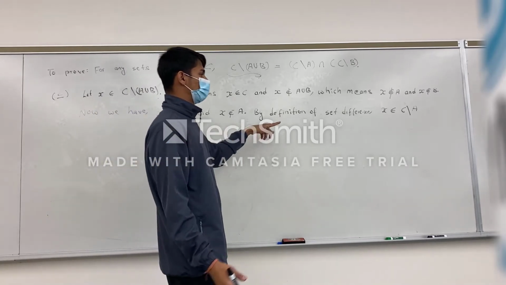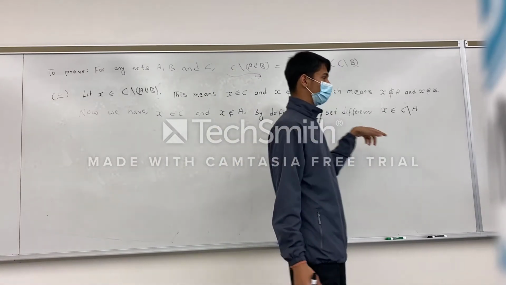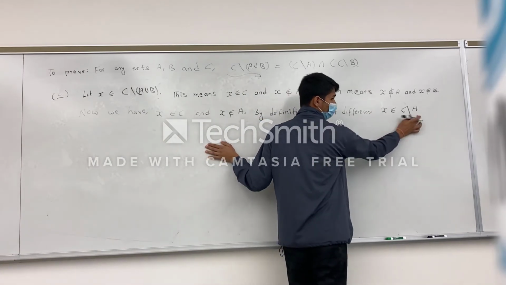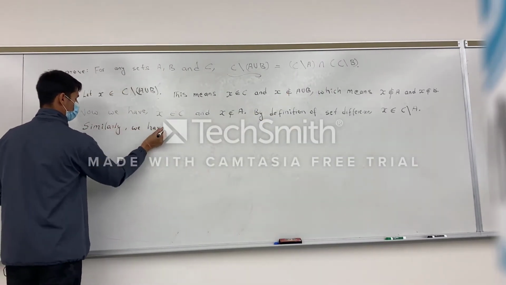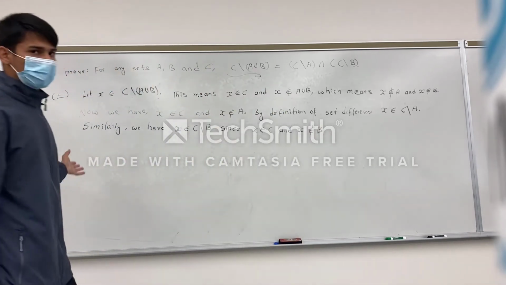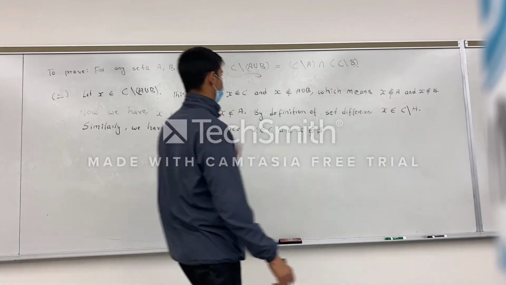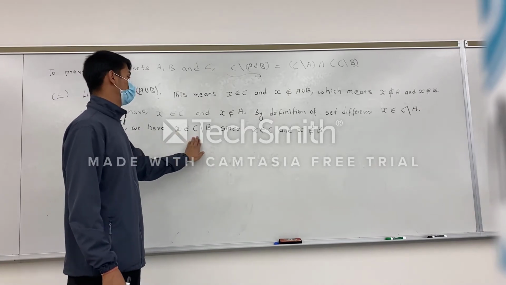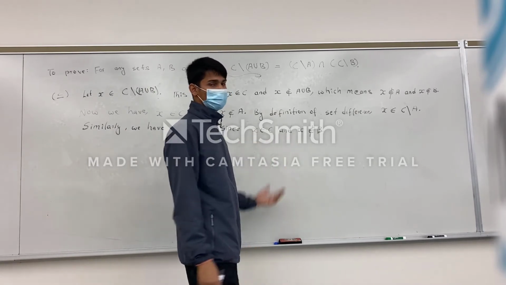So by the definition of set difference, we can say that X belongs to the set difference of C and A. X belongs to C, but X does not belong to A. That is what we are basically talking about. Similarly, since we have X belongs to C and X does not belong to B from the above statements, we can write that X belongs to the set difference of C and B.